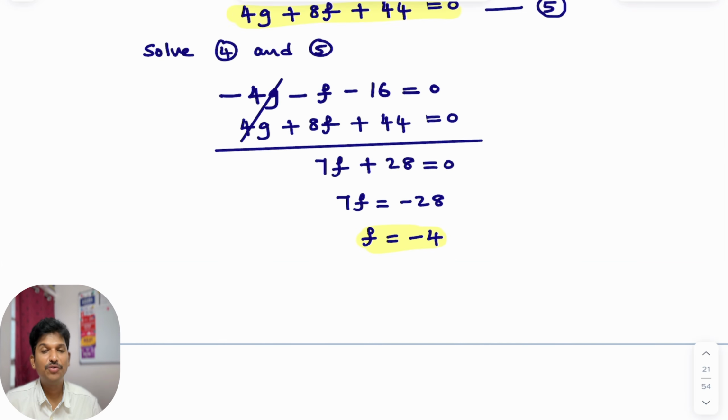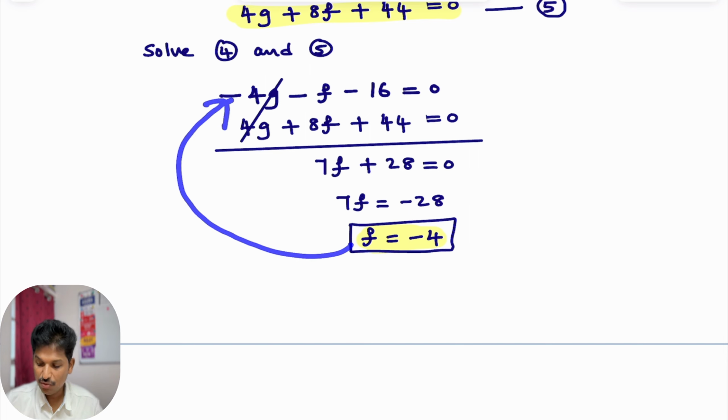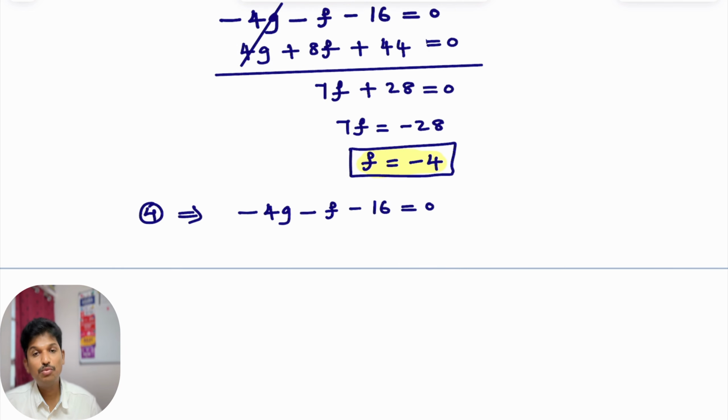Actually, you want to find the G value, F value, C value. In that, F value you already got. Now, to find the G value, you substitute this value in any one of these two equations. See, this is equation number 4. In this equation, I'll substitute the F value. What you will get?